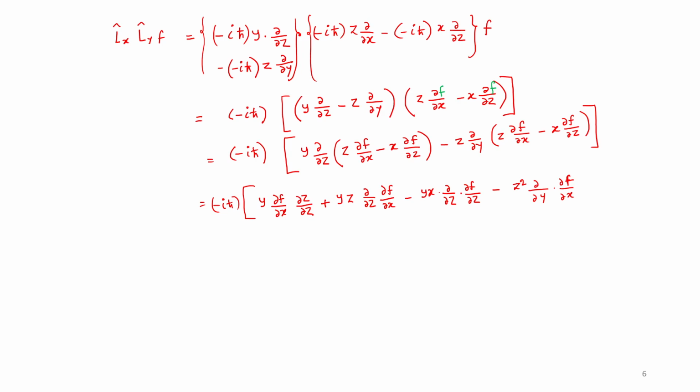So I can't take it as constant, and ∂/∂y of ∂f/∂x is not 0, right? So that is not a constant. Now I will get plus here, z x, and this is not a function of y, so it will be ∂/∂y of ∂f/∂z.